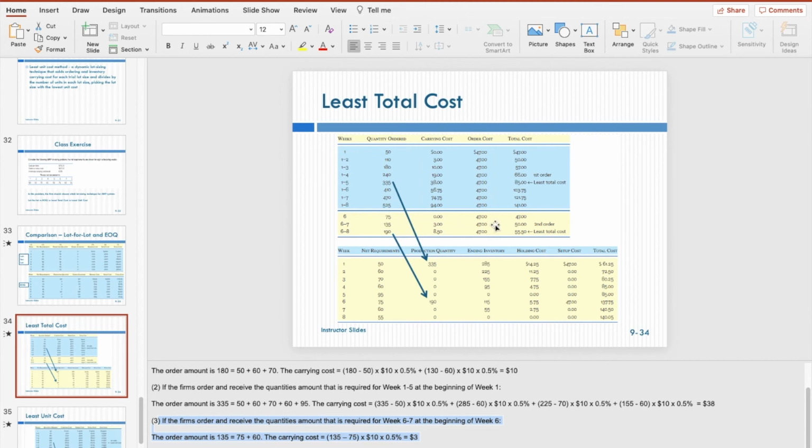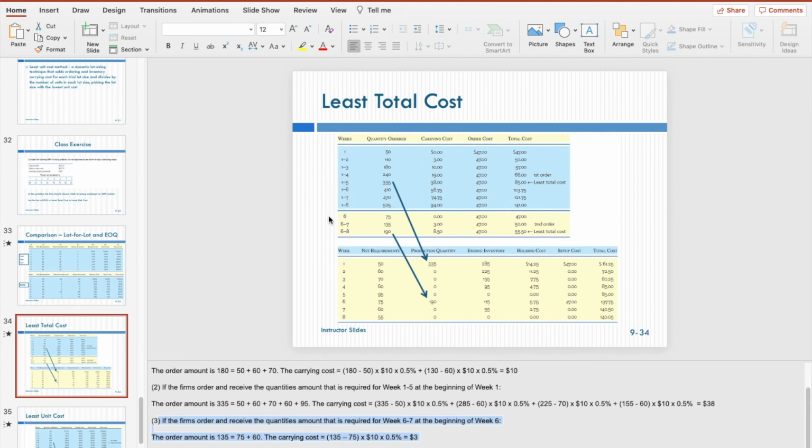And once you get all of them, again, which two numbers should we compare? These 2 numbers, and you see that the difference between 8.5 and 47 is the smallest. That tells us that, starting from week 1, we should order the amount that can cover week 1 through week 5.